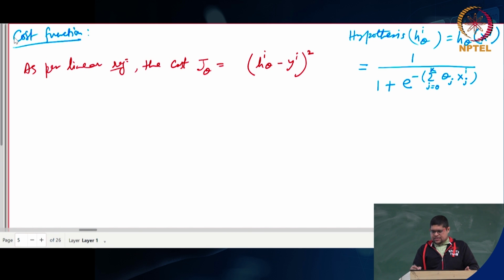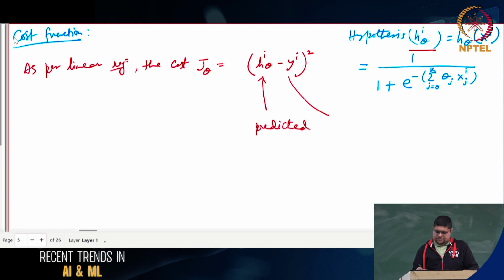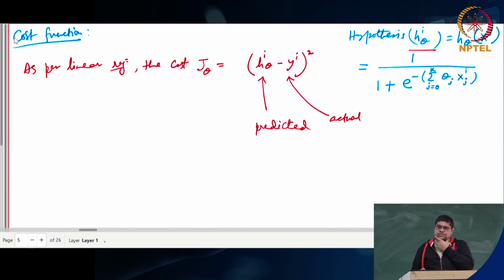So h_theta(x_i), this one is what? Predicted value. This one is actual. And we are squaring it up, so it means squared error.